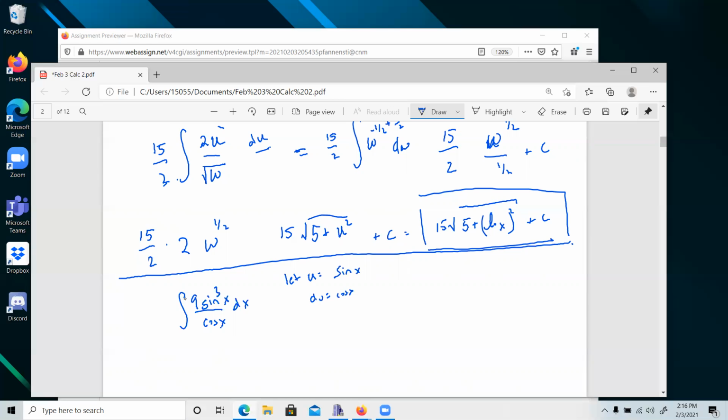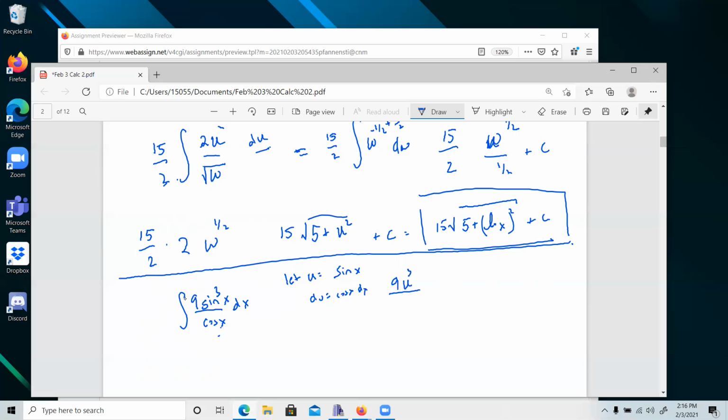I mean, you think it's like, well, that's going to work, right? We have u cubed, but then I've got this, and this dx is not going to do so well for me.